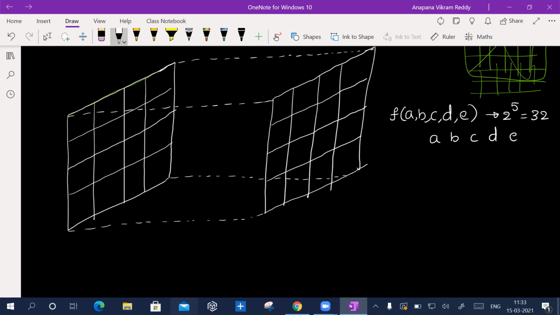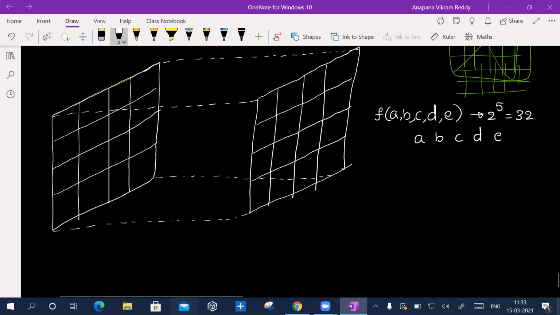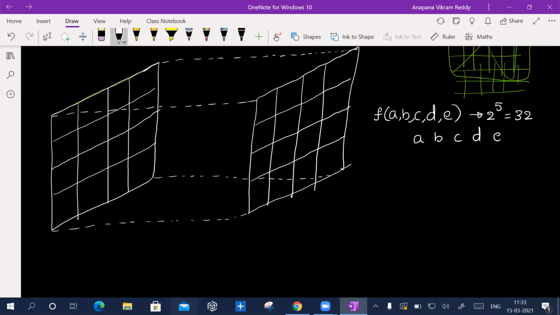If I start, I want from 0 to 31, right? Total we have 32 cells. The first one I can write like this: 0, 0, 0, 0, 0. Next one 0, 0, 0, 0, 1.